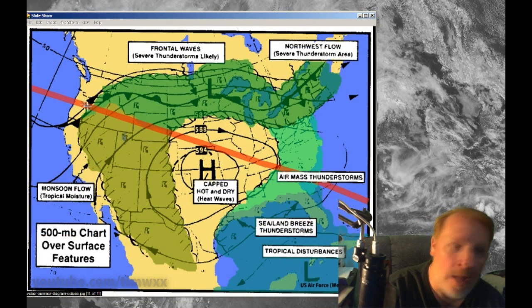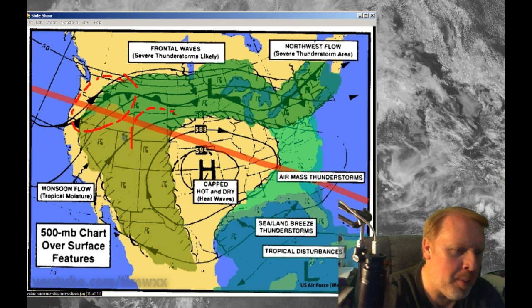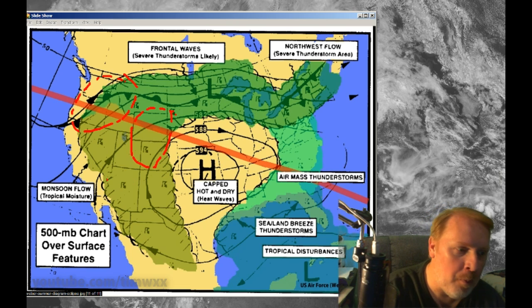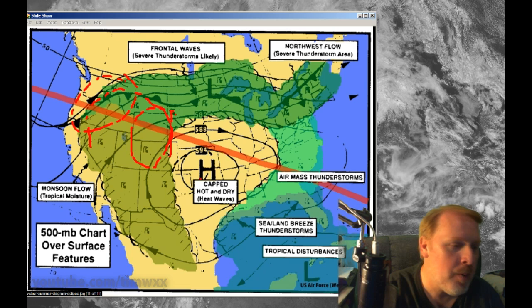So if we put this all together with a track of our eclipse, we can see that there could be problems with fronts in Idaho, Oregon, and Washington. Things tend to look okay most of the time in the interior northern Rockies, but some of that monsoon flow with the moisture and afternoon storms could affect parts of Wyoming, Idaho, and southeastern Oregon.